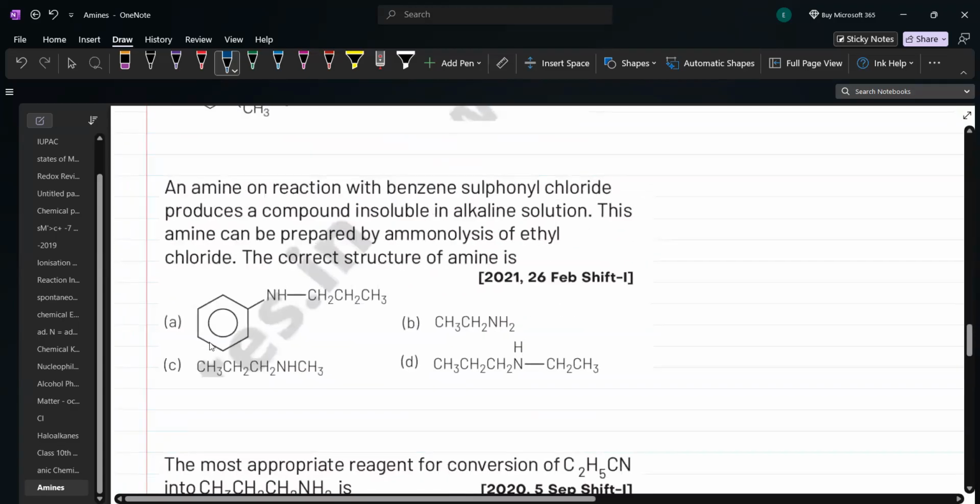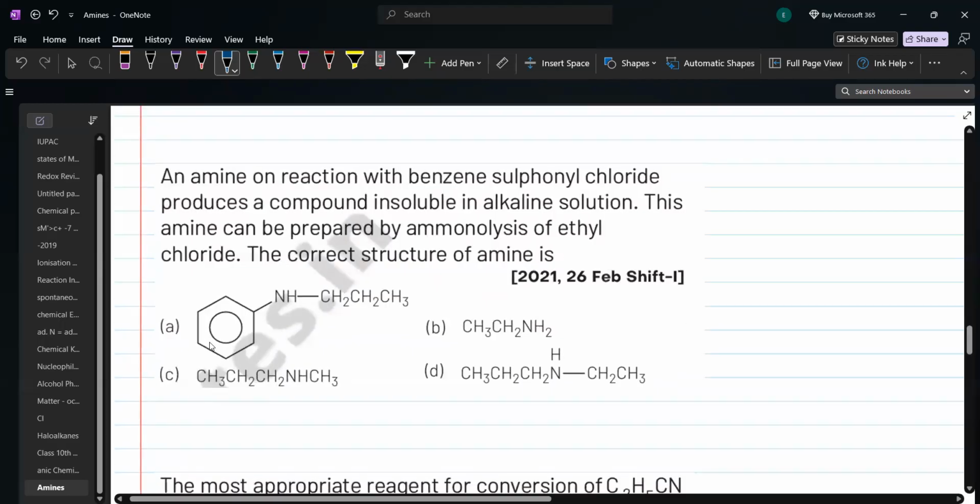Solve this question. See, again it is the same question: benzene sulfonyl chloride.